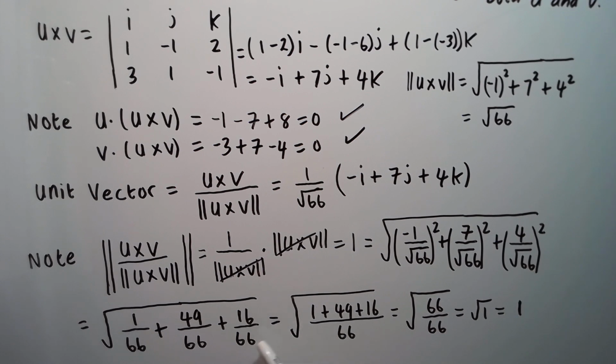Adding the numerators, 1 plus 49 plus 16 over 66 is 66 over 66. So that's the square root of 1, which is 1. We've shown that it is a unit vector with magnitude 1. Okay, so we're done with practice quiz 1A. Let's leave it there.